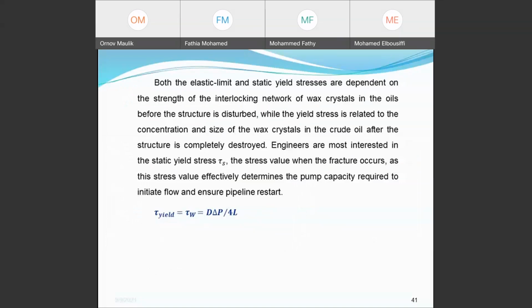However, the flow yield stress is related to the concentration and size of the wax crystals in the crude oil after the structure is completely destroyed. Static yield stress is the most interesting because it is the stress value when the fracture occurs, and this value effectively determines the pump capacity required to initiate flow and ensure pipeline restart. So we can use this equation to predict the restarting pressure.